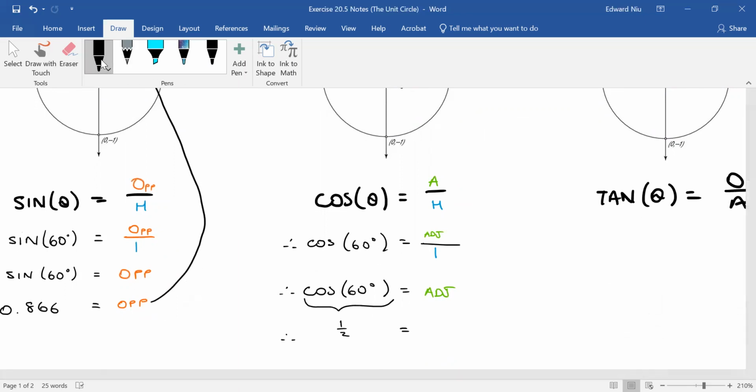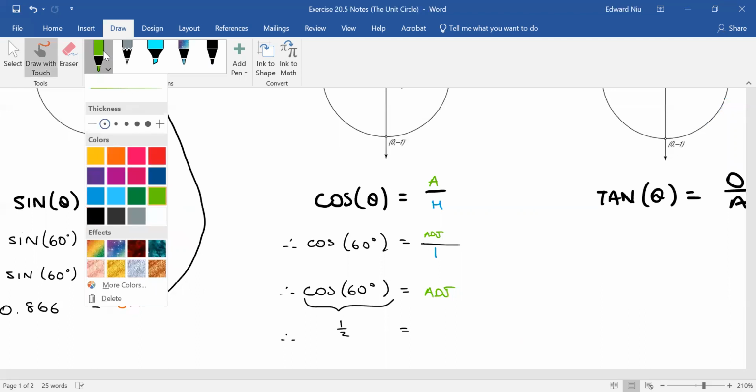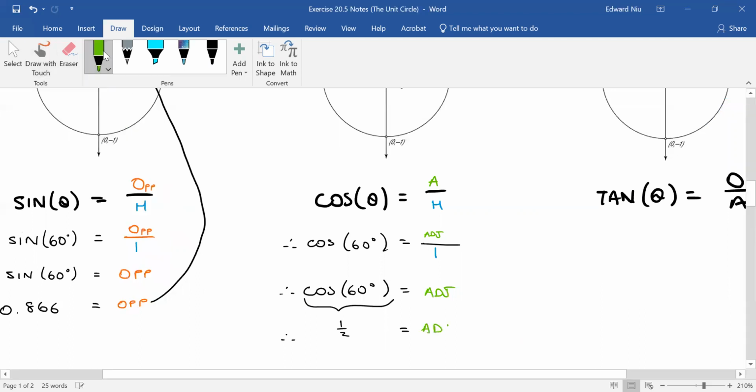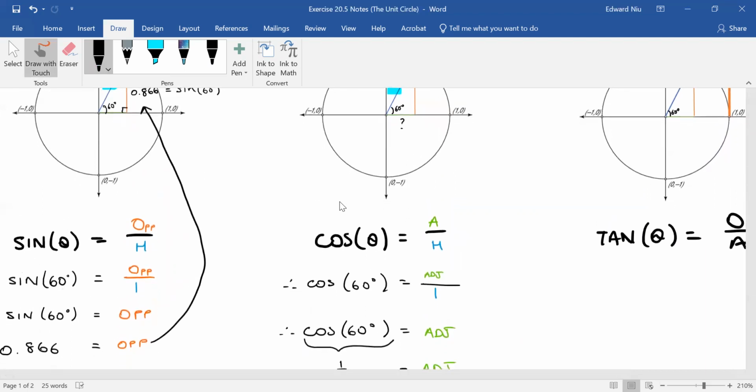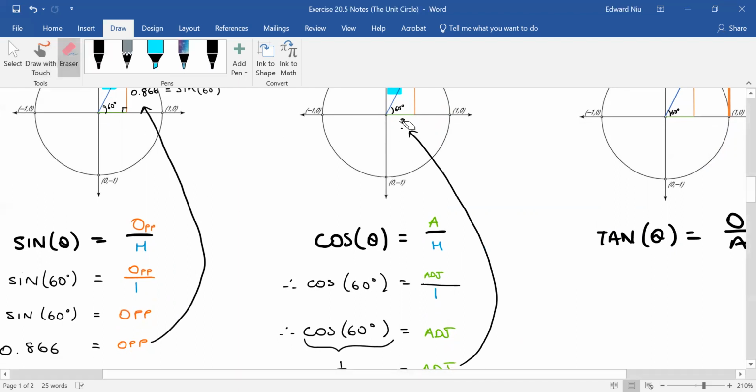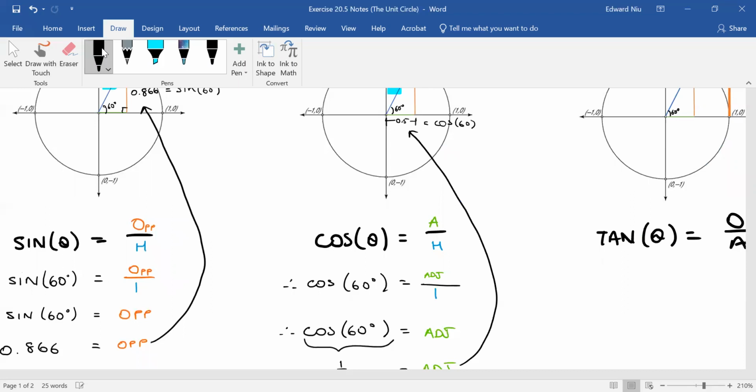So what we can say here is this side length with the question mark is just going to be 0.5. So this side length here is just going to be 0.5. Nice and easy, which equals cosine 60.